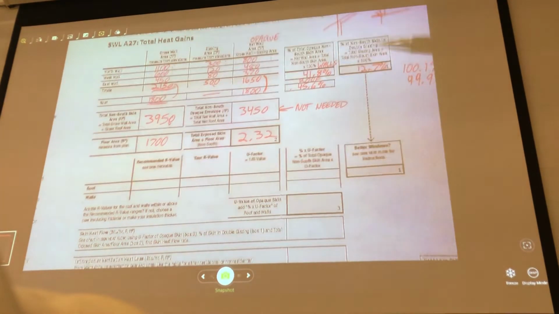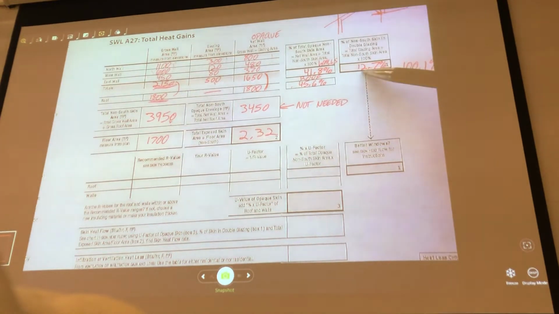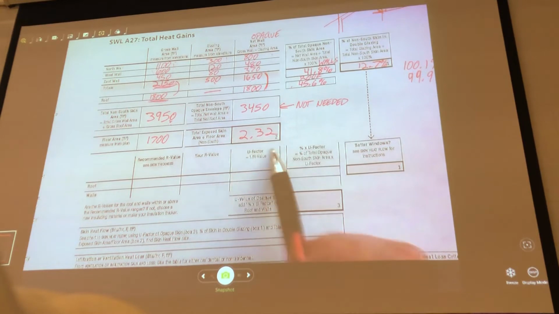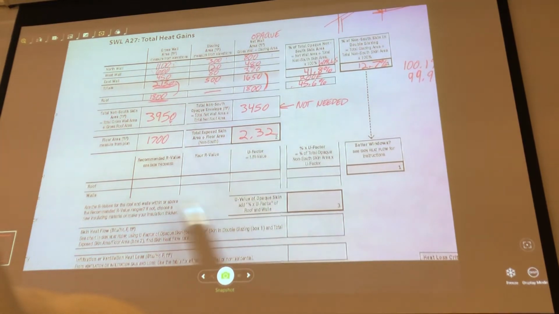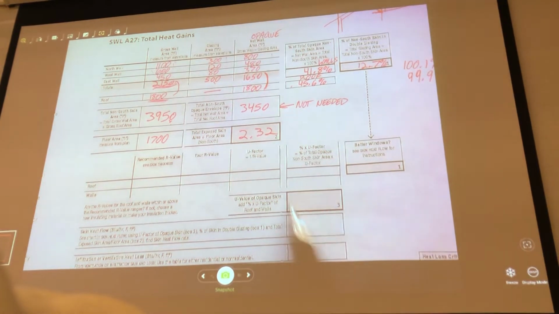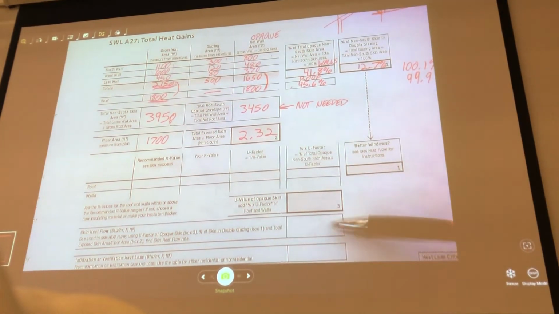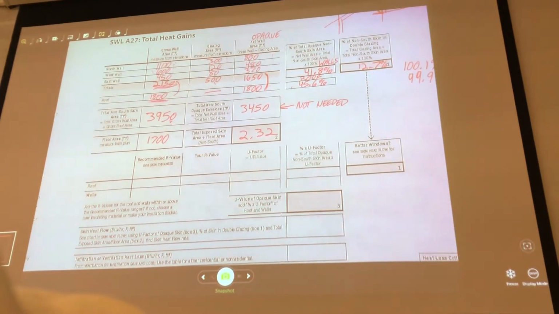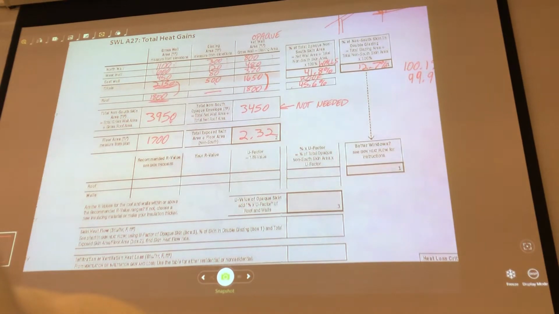Now, with our overall percentage of windows, plus our factor of total envelope over our floor area, and our overall U value that we will eventually calculate, that will help determine how much heat flow we have coming through the actual building's envelope, at least for everything that is not facing south.